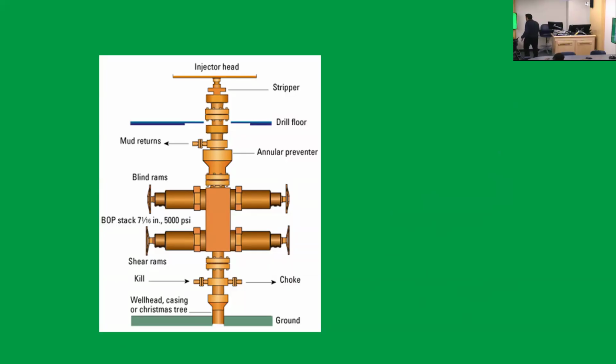At shut-in conditions, you take mud out from the choke at a pressure, SICP, right? So let me write here. If I am shut in, mud goes in through SIDPP and comes out through SICP.